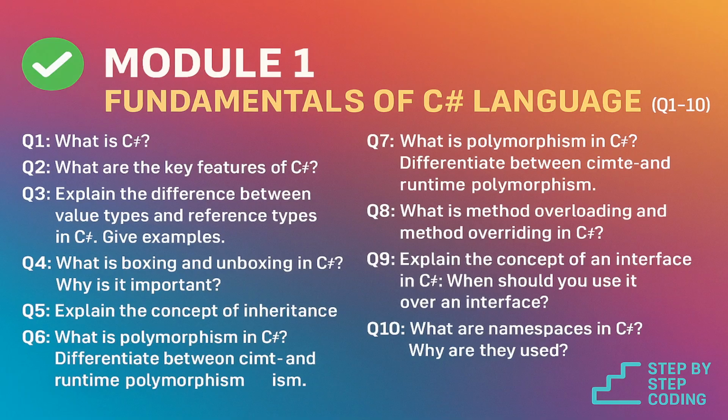We start with Module 1, Fundamentals of C Sharp. We will begin with the absolute basics, what C Sharp is, and some of the basics like value versus reference types, boxing, and unboxing.